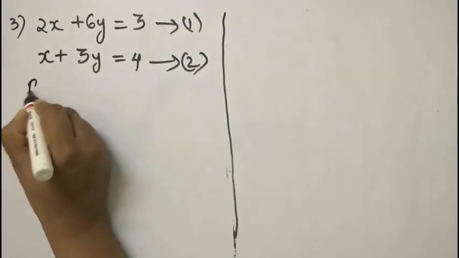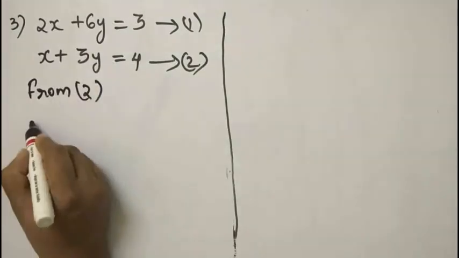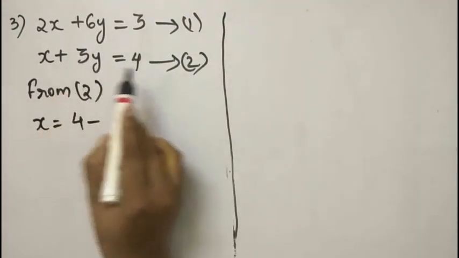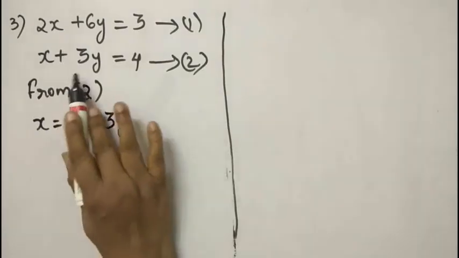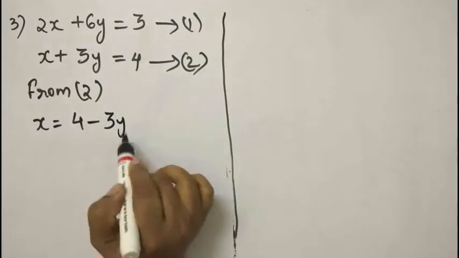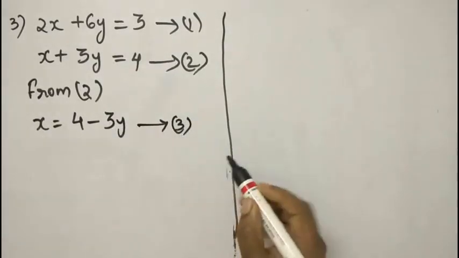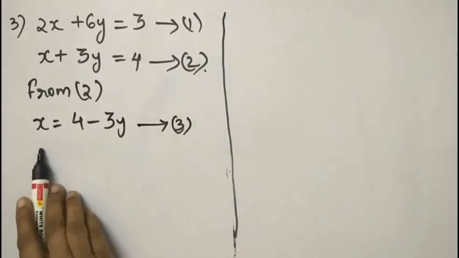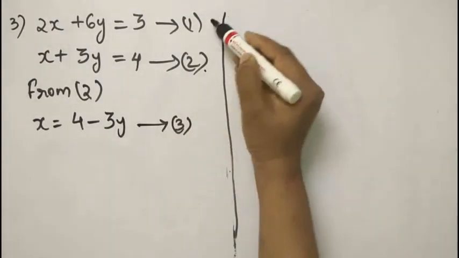So, from 2, x is equal to 4 plus 3y, and going to the right hand side becomes minus 3y. Let it be 3. Now, as I have taken the second equation and expressed x in terms of y, I have to substitute in 1.